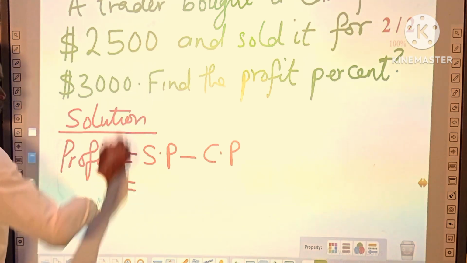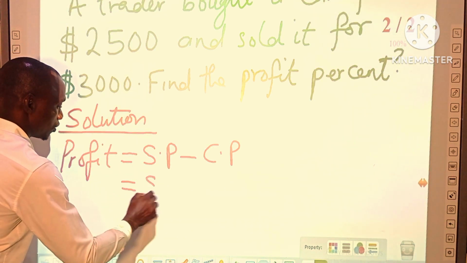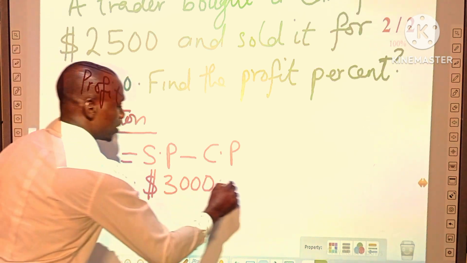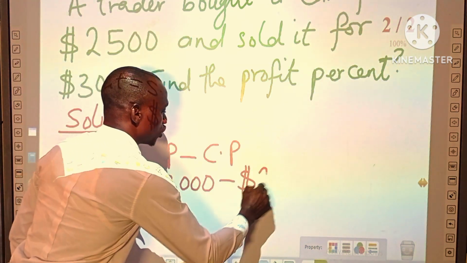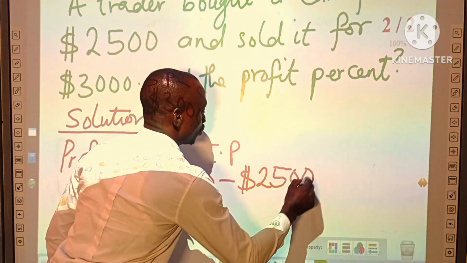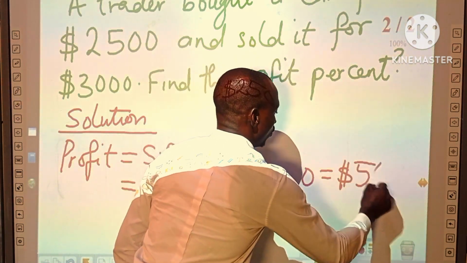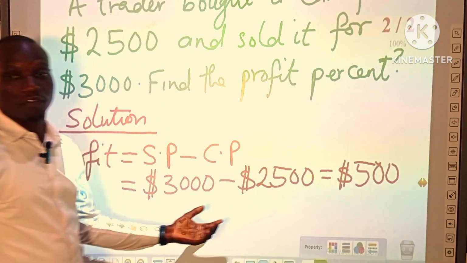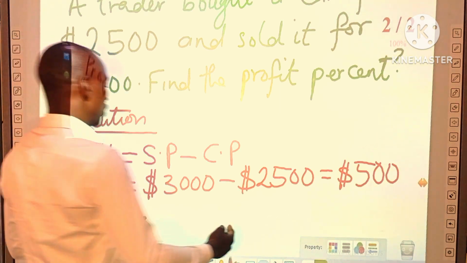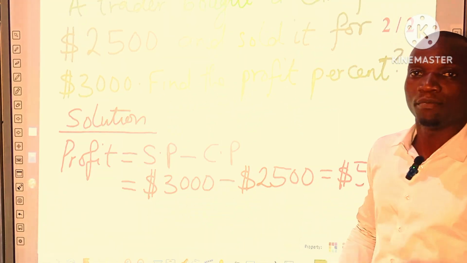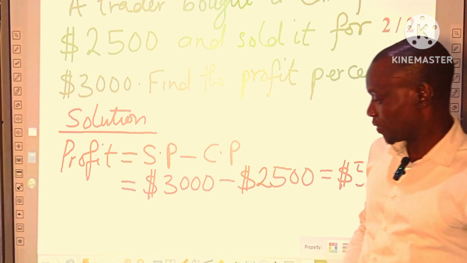Our selling price from the board is $3,000 minus the cost price, which is $2,500. Therefore, profit is equal to $500. That's the profit. Now, immediately you get your profit, it will be very easy and peasy for you to determine your percentage profit.